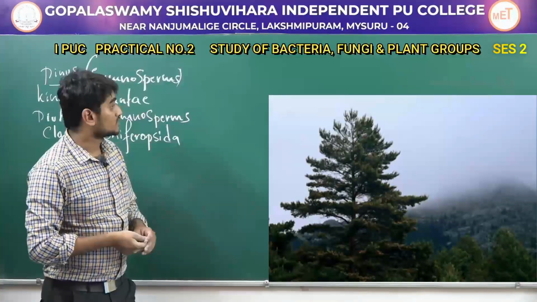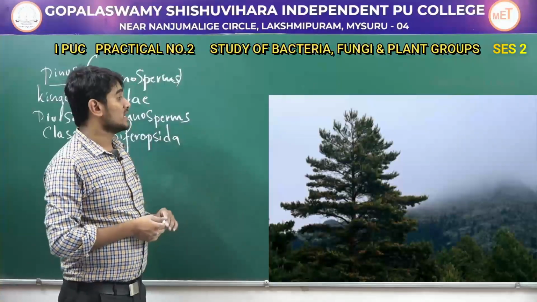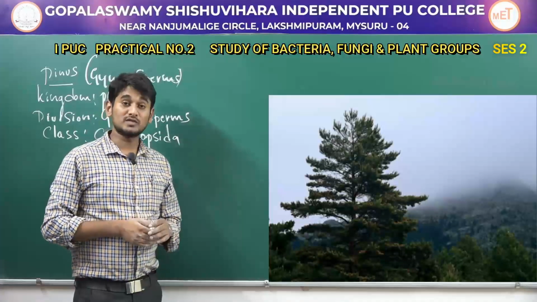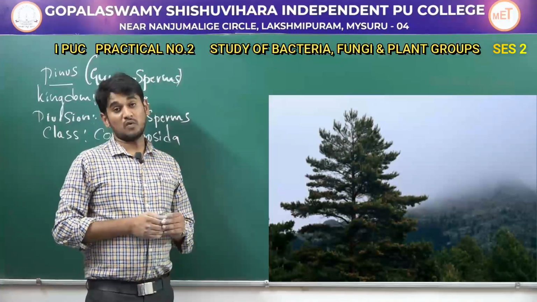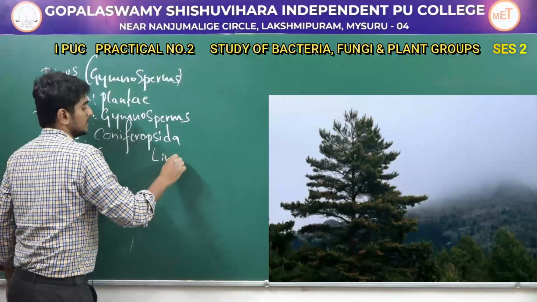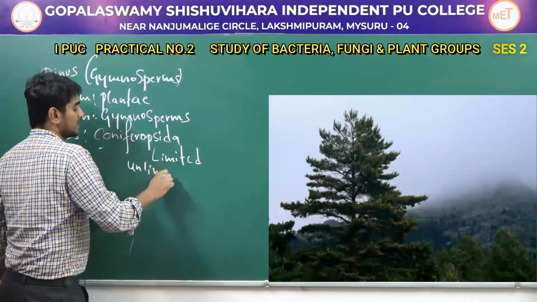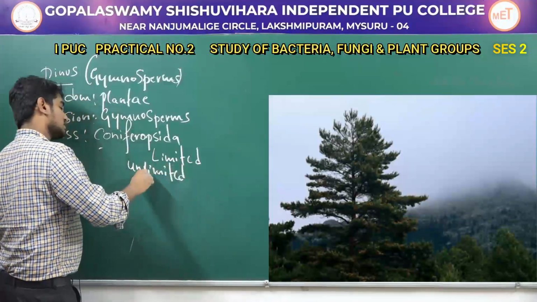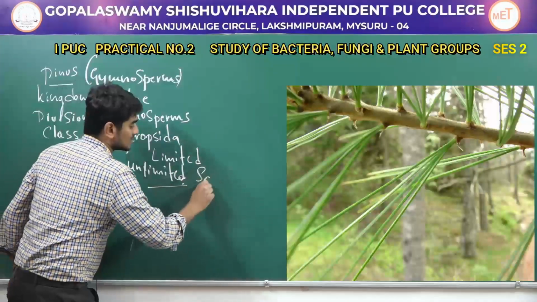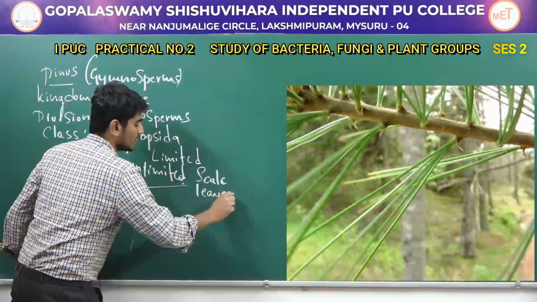Okay, so on the right side we can observe the picture of Pinus, which is cone shaped and has a woody stem, and the Pinus tree shows two types of branches. One is branches of limited growth and the other is branches of unlimited growth, but both show scaly leaves. Yes.